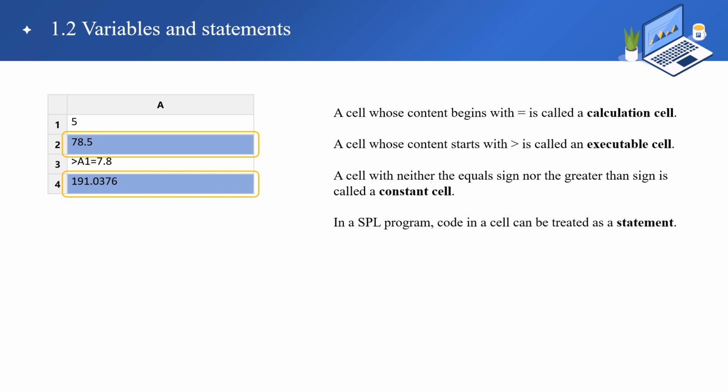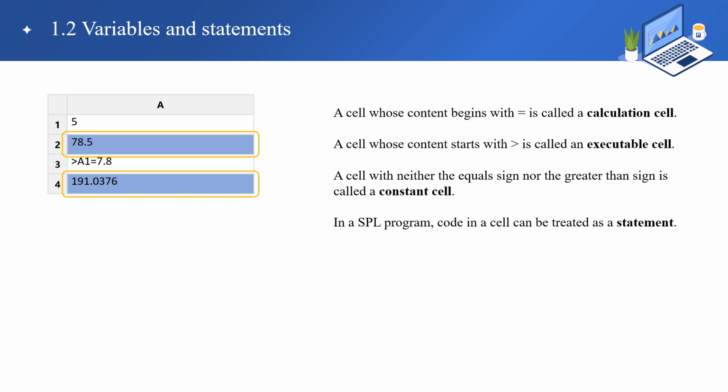The constant variable can also be regarded as a variable that can only be assigned once. The introduction of constant variable aims to avoid changing a variable value that should be kept unchanged when code is wrongly written. SPL does not have the strict concept of constant variable. The value of constant cell A1 in the above code can be modified by the execution of an executable cell.